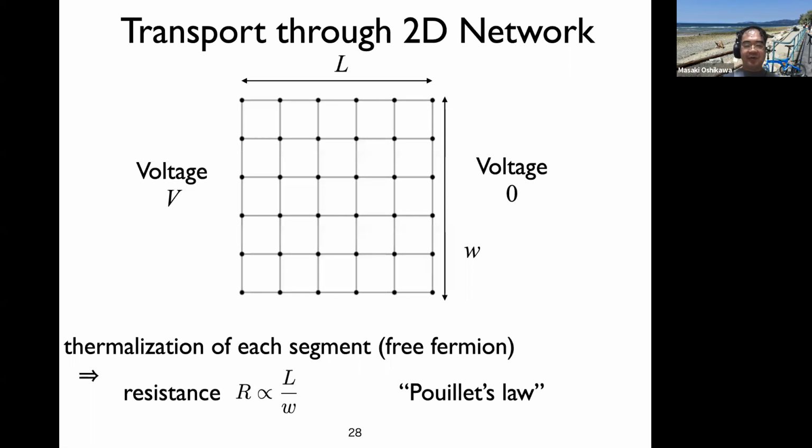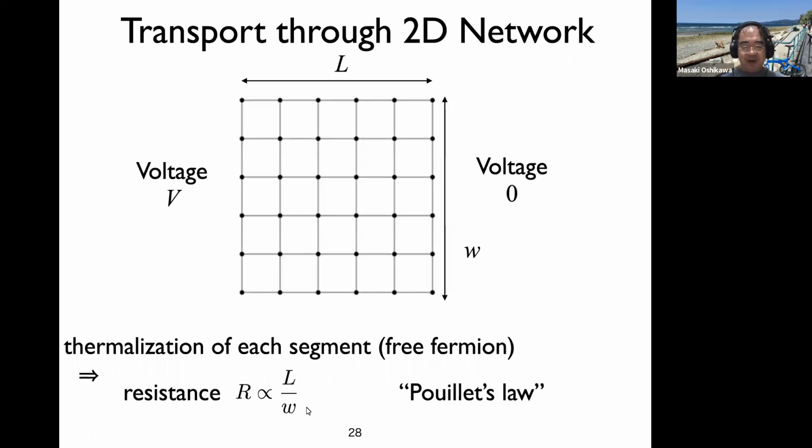And you can also naturally generalize this to a 2D network. If you have a two-dimensional network with length L and width W, and you apply voltage uniformly to this side and voltage 0 uniformly to this side, then again, if you assume each segment is summarized, and if you consider free fermions, the resistance is proportional to the length and inversely proportional to the width.